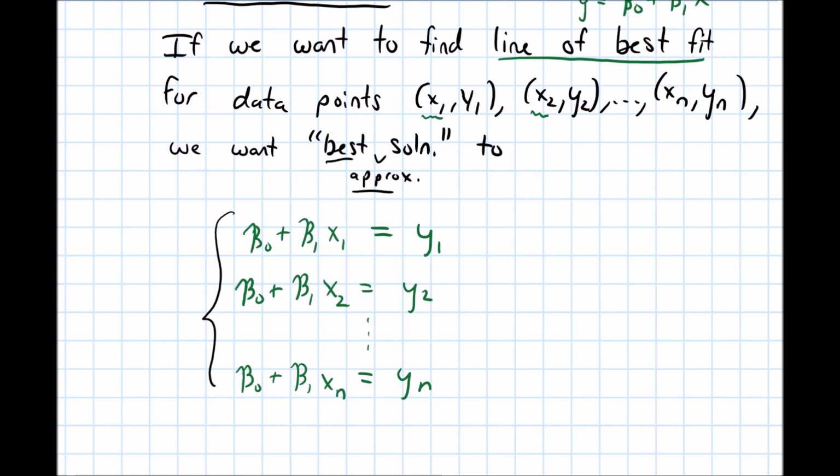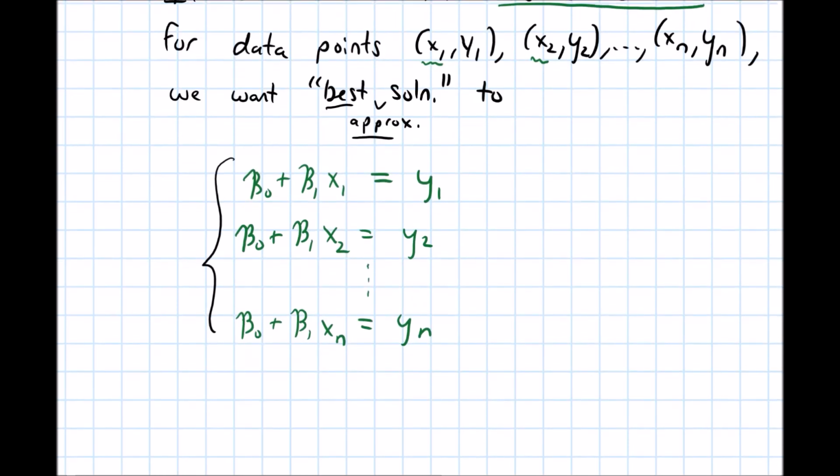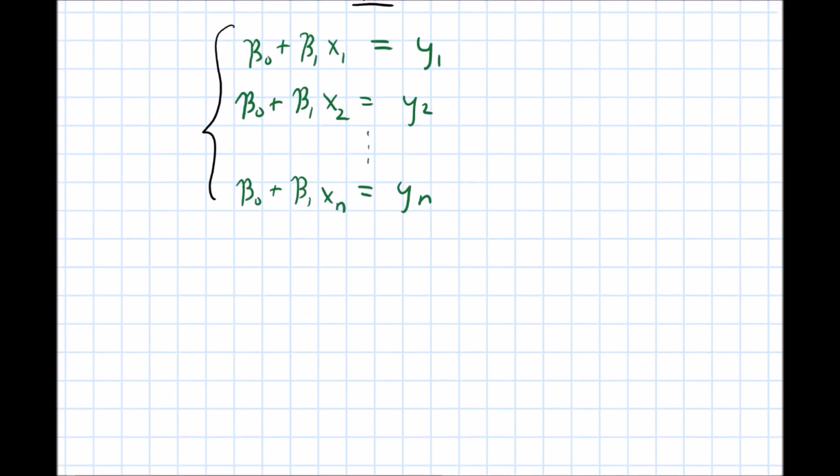If I have a system of equations, we can rewrite this in matrix form. Our variables here are actually beta naught and beta 1, because all the x's and all the y's are the data points, and those are given to us in the problem. The first column of our matrix will be the coefficients of beta naught, and those are just all 1. So 1, 1, dot, dot, dot, up until 1.